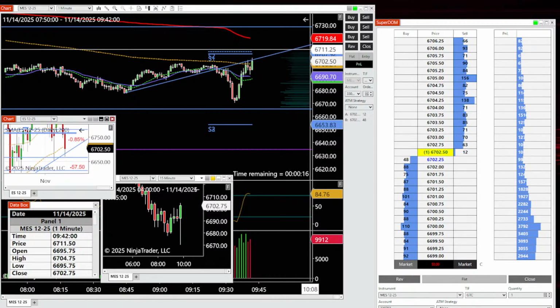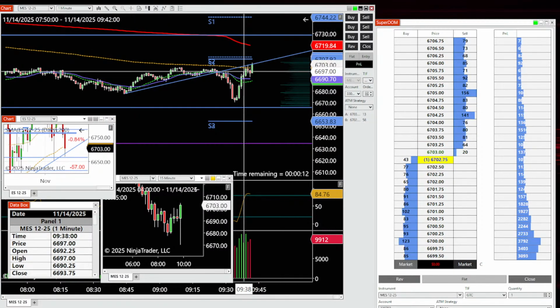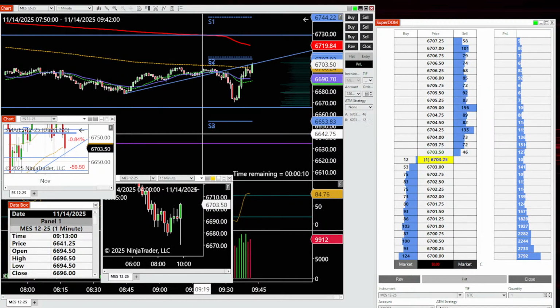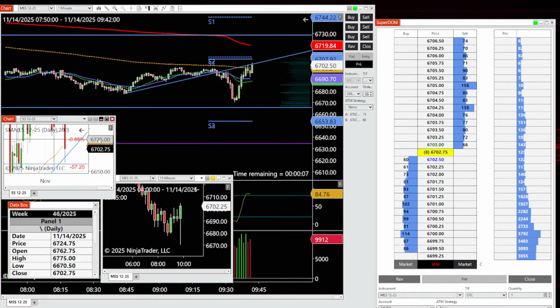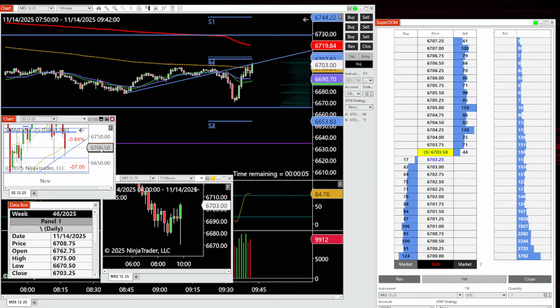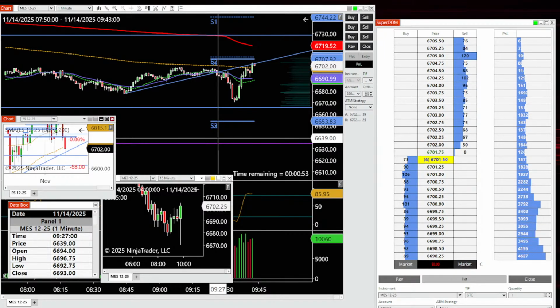We could test VWAP. We could push back up into VWAP. About 2 minutes for the next 15-minute bar to open.